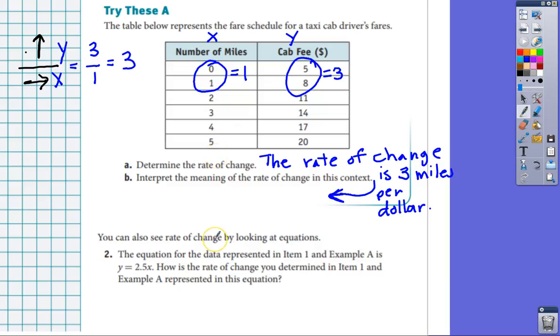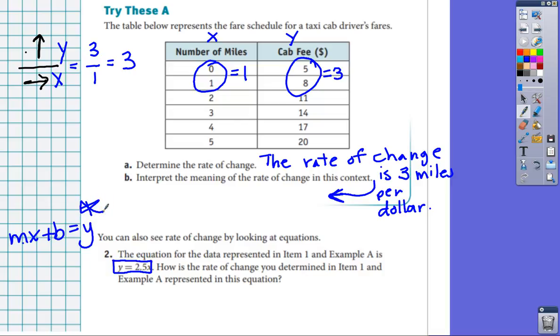Okay, you can also see rate of change by looking at the equation. So now it's giving us an equation. The equation for the data represented in item 1 and example A is y equals 2.5x. How is the rate of change you determined in item 1 an example of A represented in this equation? So this is looking at our mx plus b. You need to have this memorized.